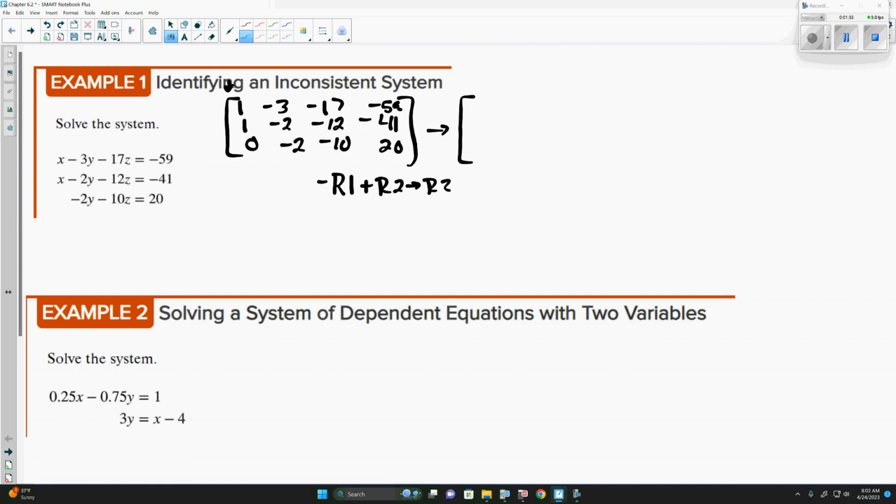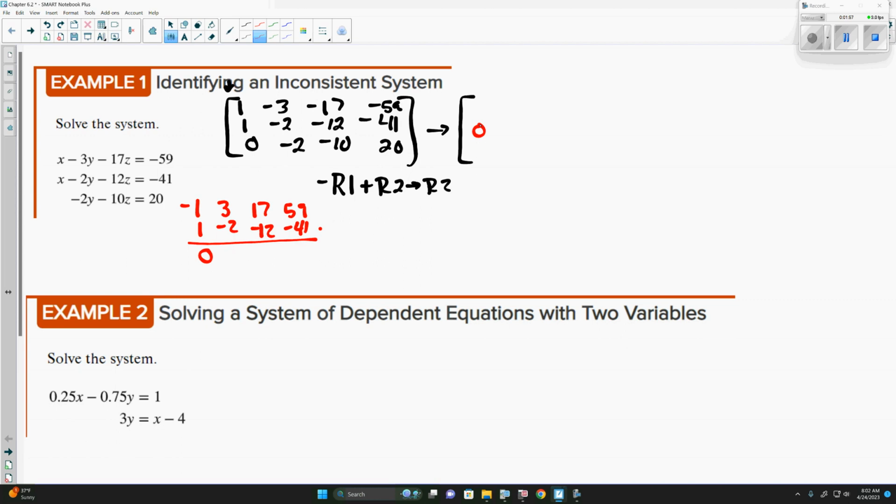Now if we work this off to the side, negative row 1 would be -1, 3, 17, 59. And our row 2 is 1, -2, -12, -41. And if we add these together, -1 plus 1 is 0.